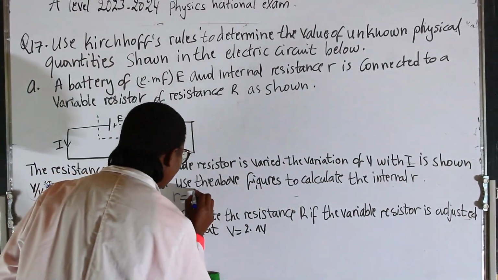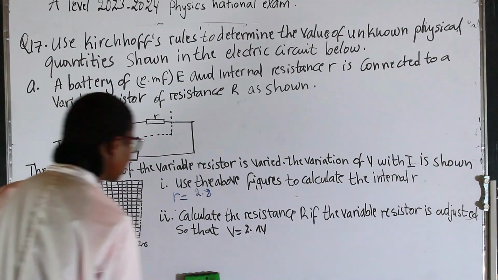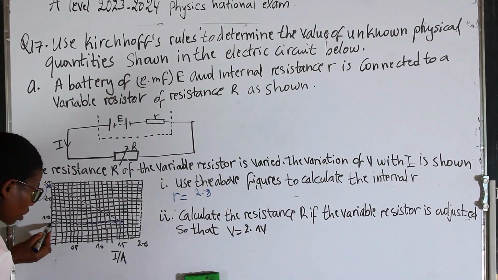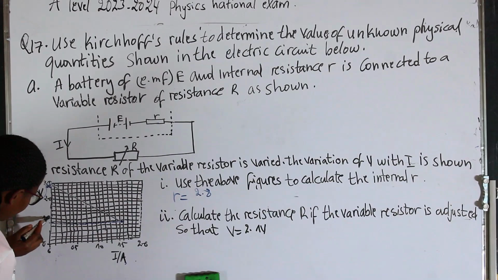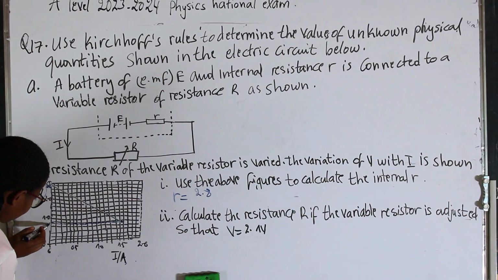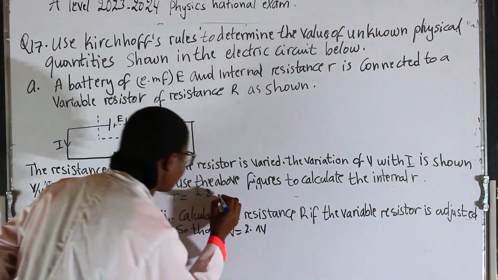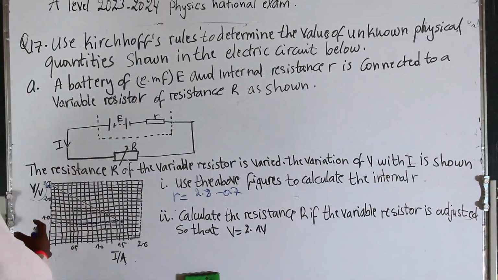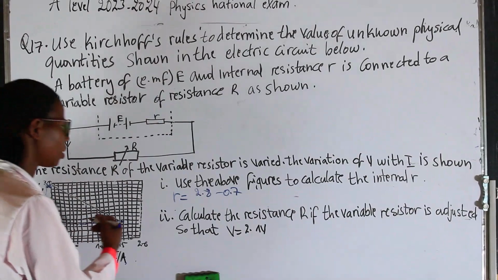Then it will be equal to 2.8. Then the initial is somewhere around here, 0.7. Then minus 0.7, because we should use the change to calculate the gradient.